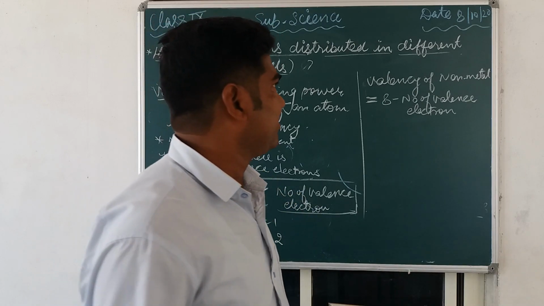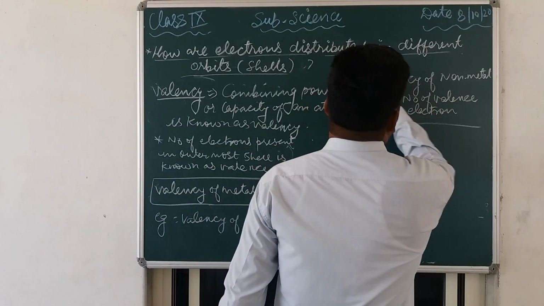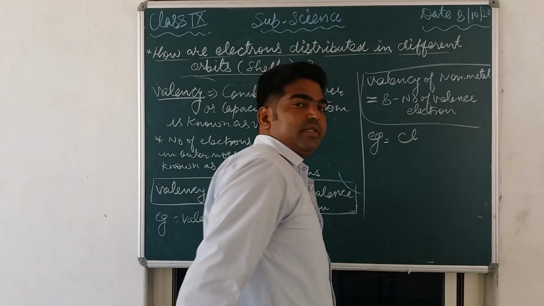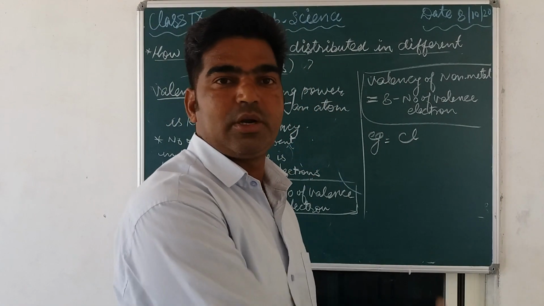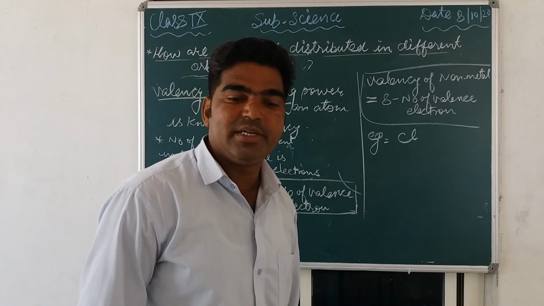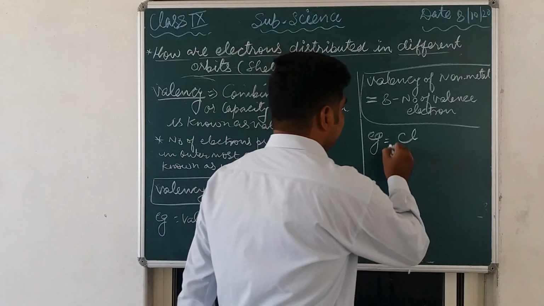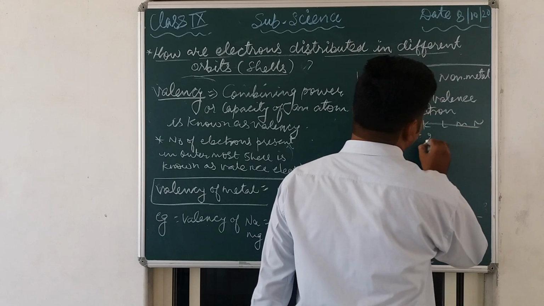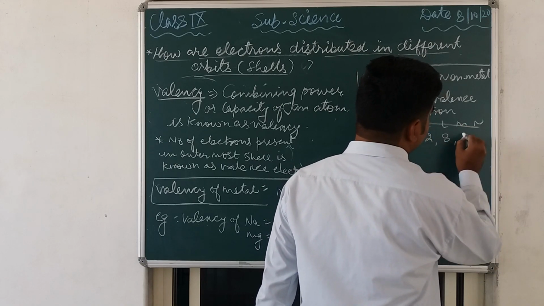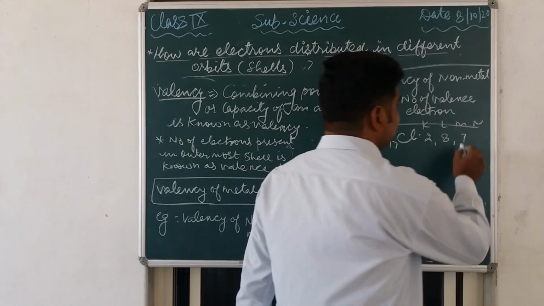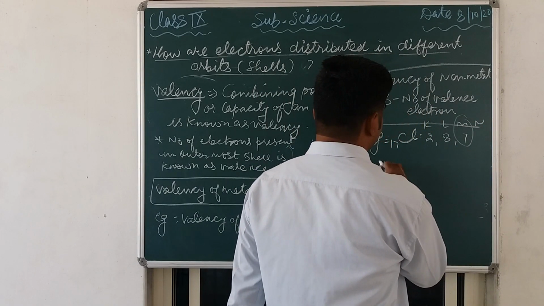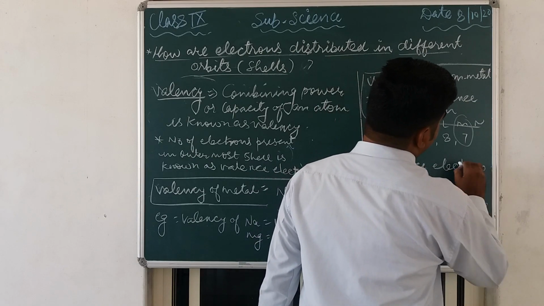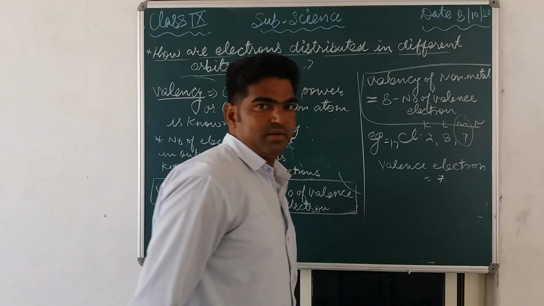For example, if we take chlorine, what is the atomic number of chlorine? 17. So in the K, L, M shells the distribution is 2, 8 and 7, which means the valence electron is equal to 7.